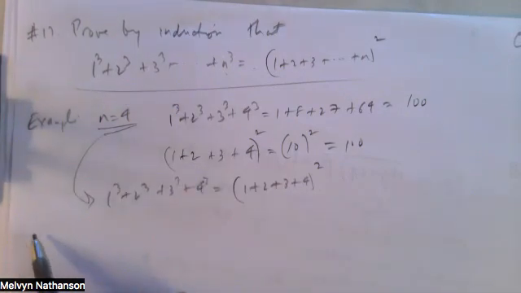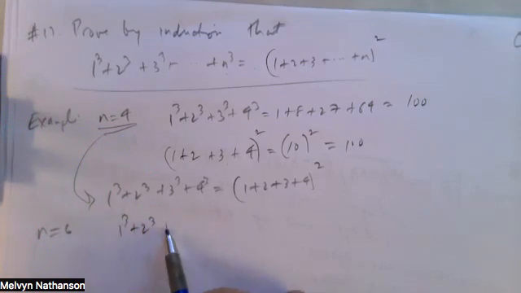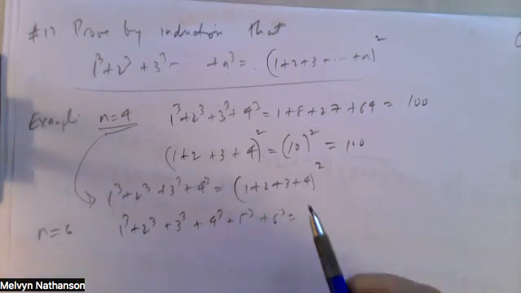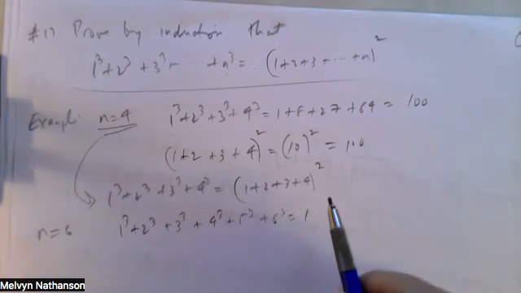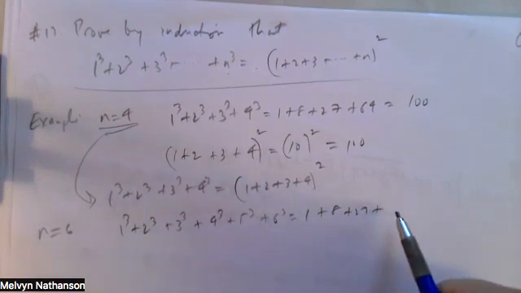Let's just do another example just to encourage you to think this is correct. Suppose I take n equals 6. So I have 1 cubed plus 2 cubed plus 3 cubed plus 4 cubed plus 5 cubed plus 6 cubed. So what are the first 6 cubes? 1 plus 8 plus 27 plus 64.